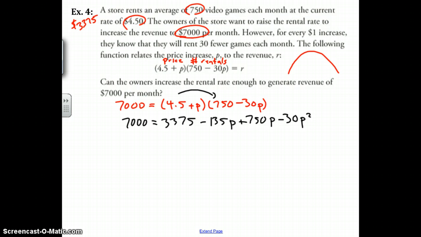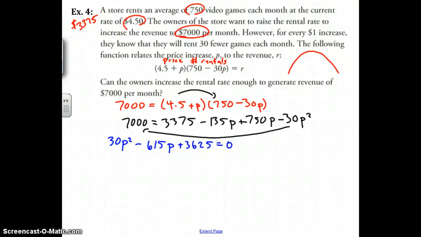Now we want to bring everything to one side. If I bring everything over to this side here, I'm going to get 30p squared minus 615p plus 3,625 equals 0. Looking at that, it looks pretty ugly for graphing and pretty ugly for factoring.